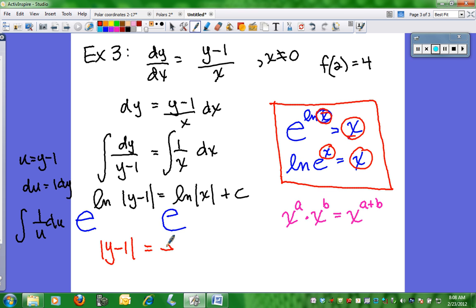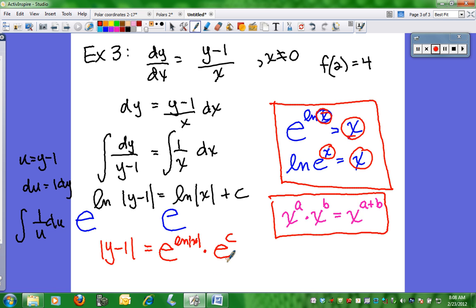So we're going to rewrite it as e to the natural log of the absolute value of x times e to the c, c representing a constant. So we have the absolute value of y minus 1 equals e to the natural log of x times e to the c, and again, we're just using this little property of exponents to do that. What is e to the c?